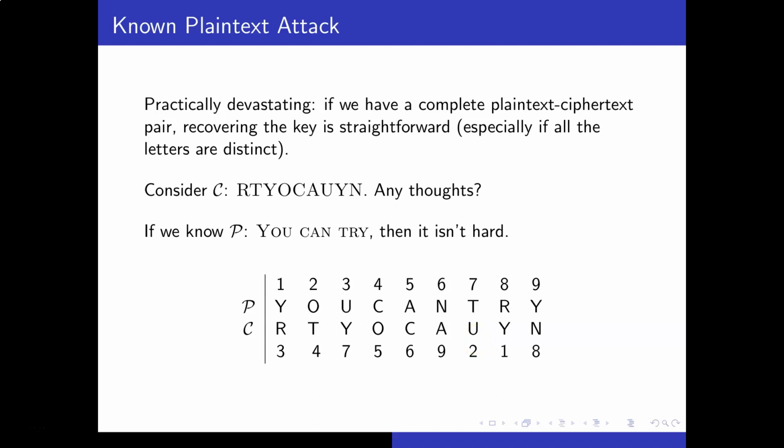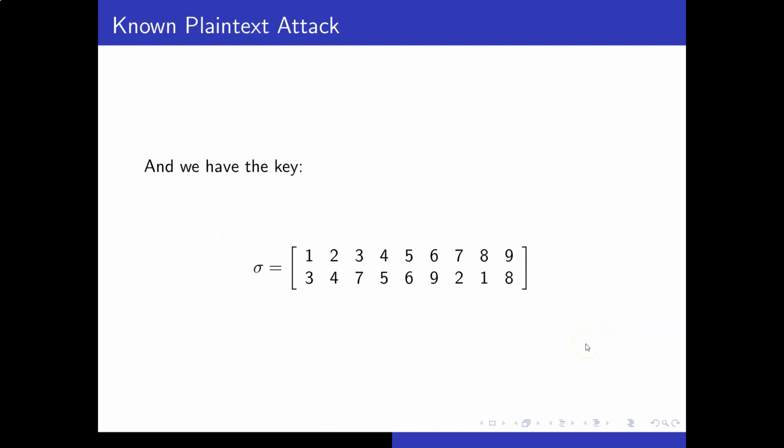That gets me what looks to be the permutation key. So with that done, we look to have the key. Sigma would be a permutation of 9 characters, and it would be that. If I had more ciphertext, I could check it and keep going.